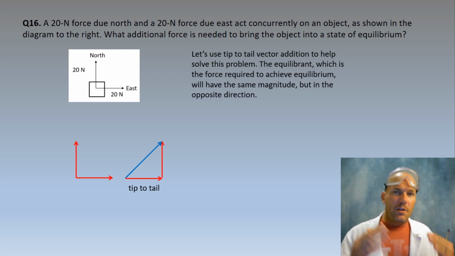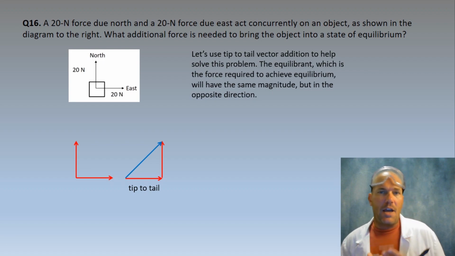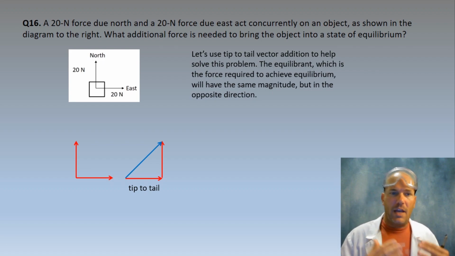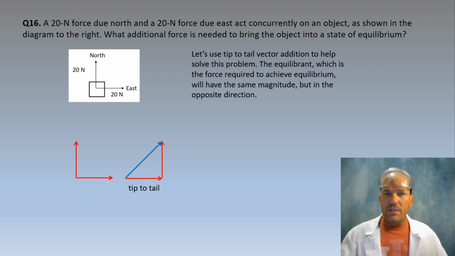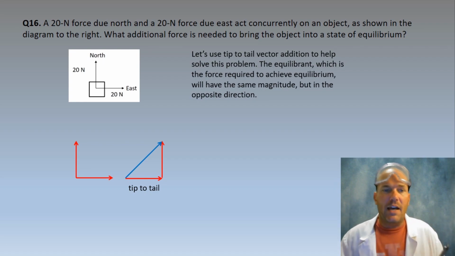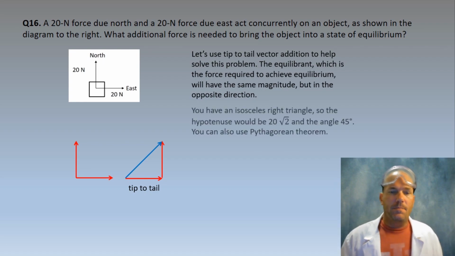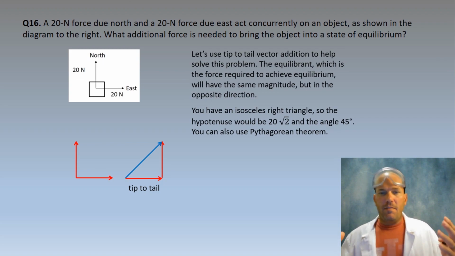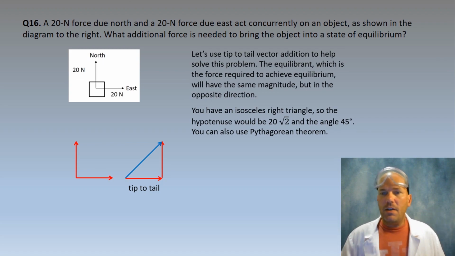The blue resultant vector is the hypotenuse of the triangle. So that is the overall resultant force acting on this object. Okay, so we have an isosceles right triangle, where we have 45-degree angles.